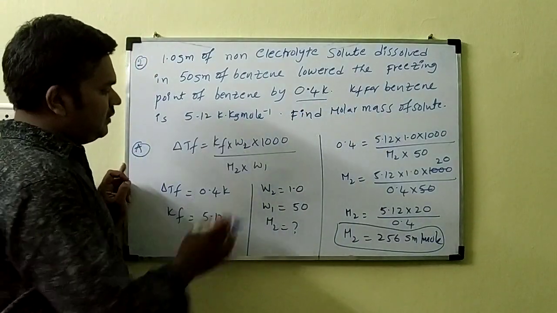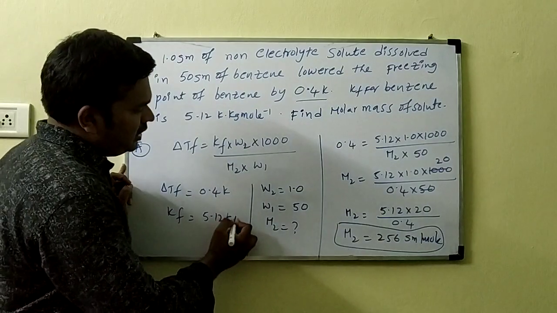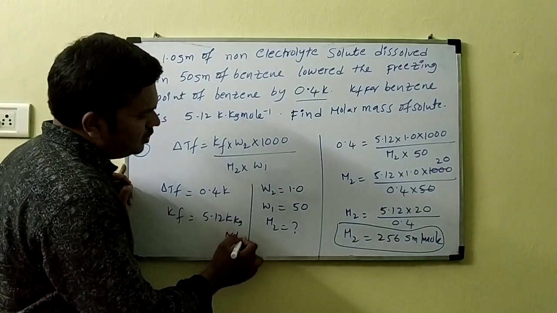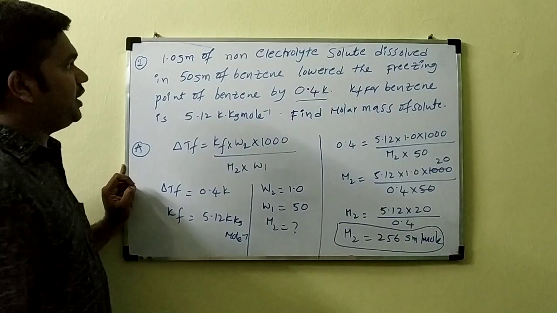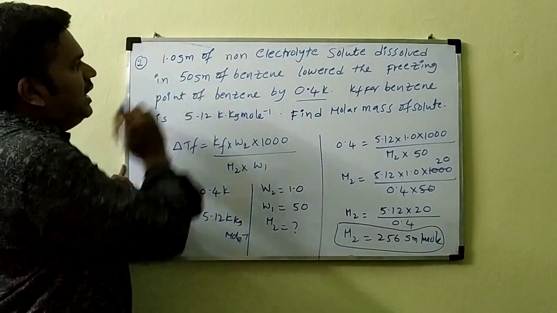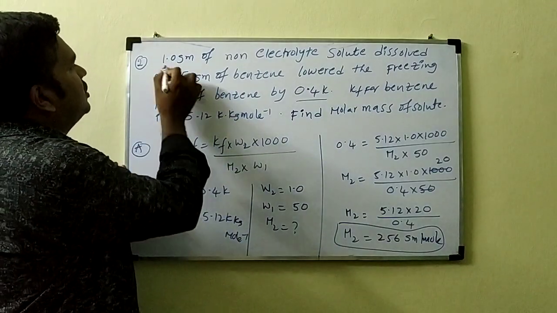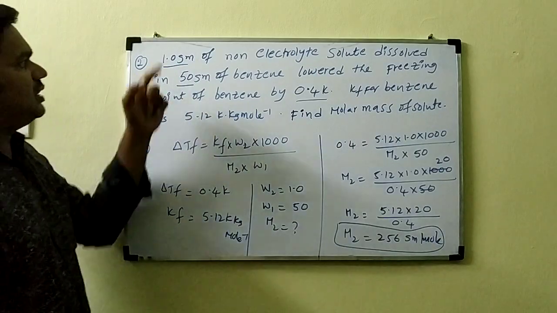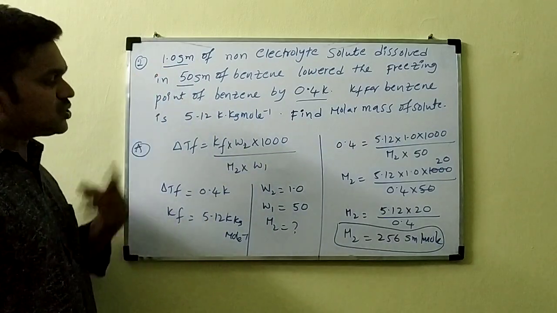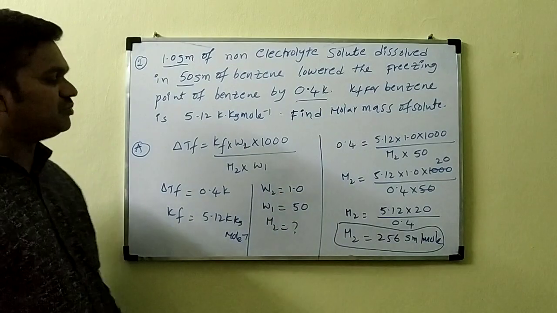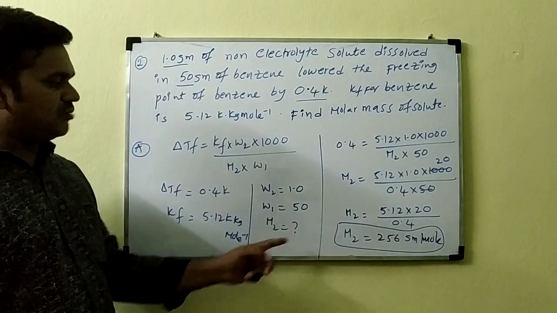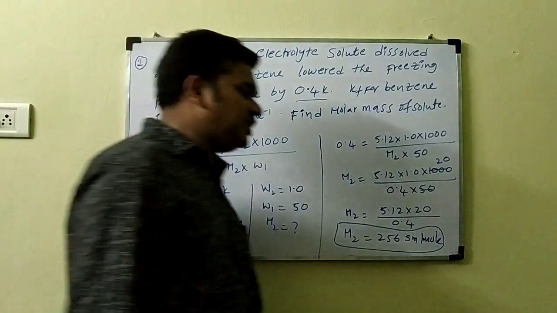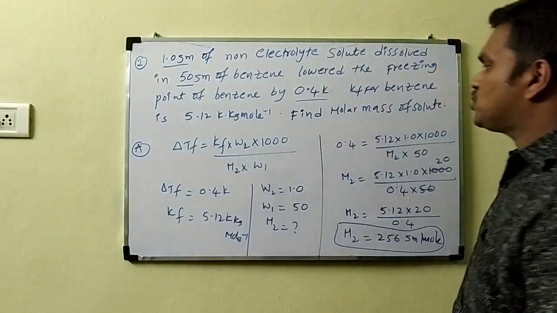Kf already given, that is 5.12 Kelvin kilogram mole inverse. Here 1 gram is there and here 50 grams is there. Which is solute and which is solvent? 1 gram non-electrolyte is the solute. The solute weight is 1.0 gram. Solvent weight is 50 grams. We want to find out the molar mass of the solute only.